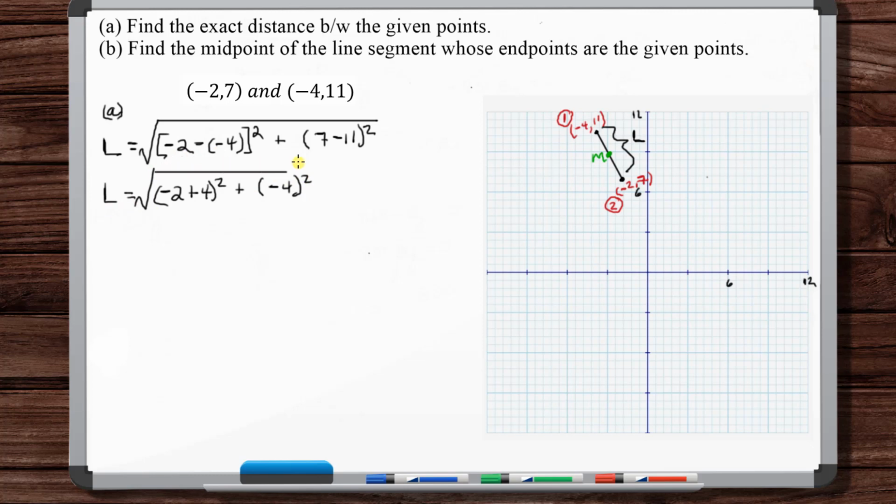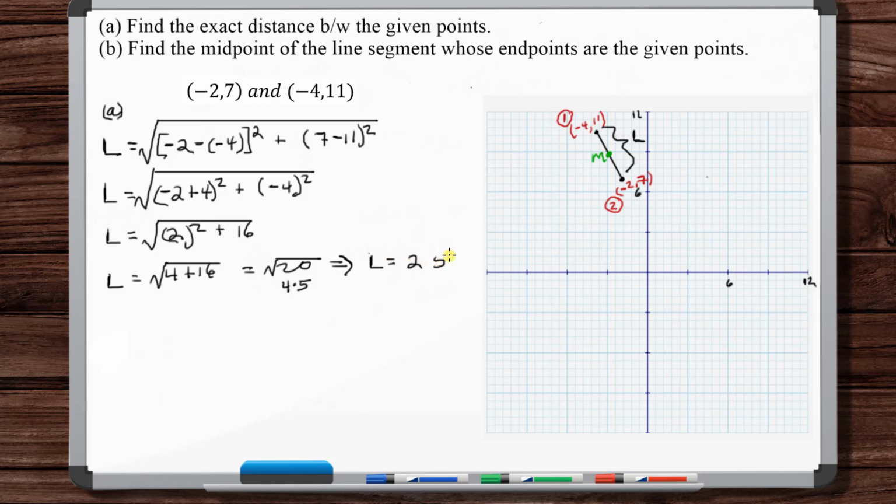L is equal to the square root of 2 squared plus 16, so L is equal to the square root of 20. Okay, so 20 is 4 times 5, so we could take out a 2. So L is equal to 2 root 5. Okay, that's part A.